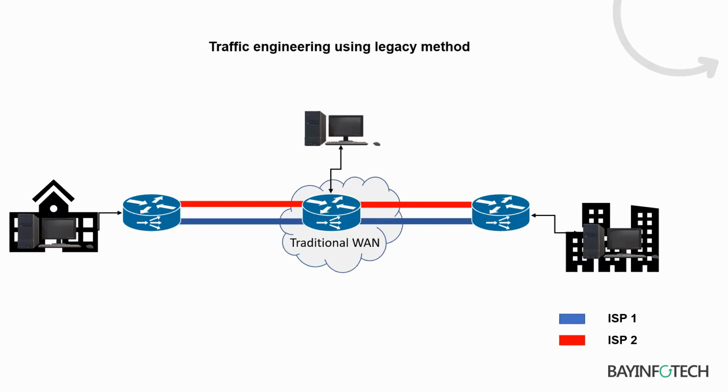Traffic engineering has existed for decades using protocols that are configured manually on each device, such as a router in the branch office or a router that connects sites over the WAN.